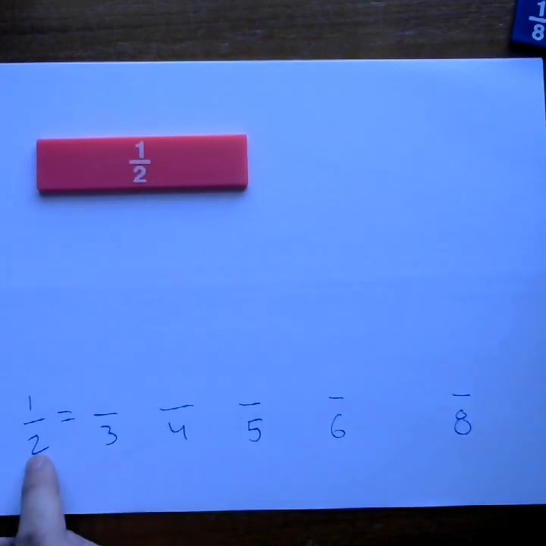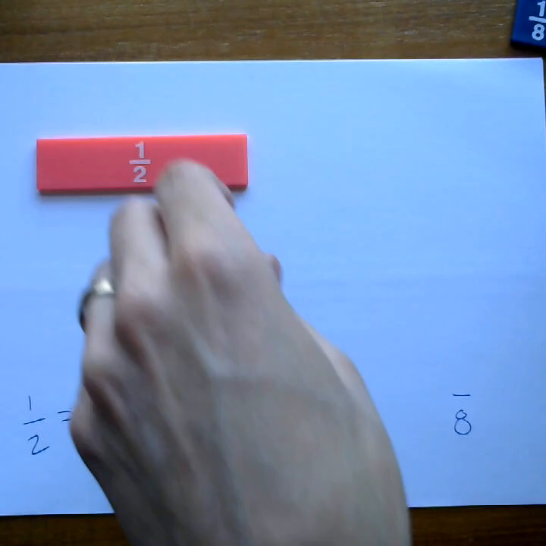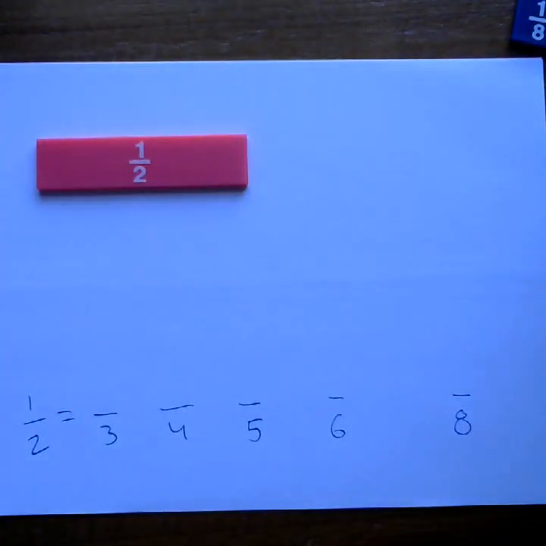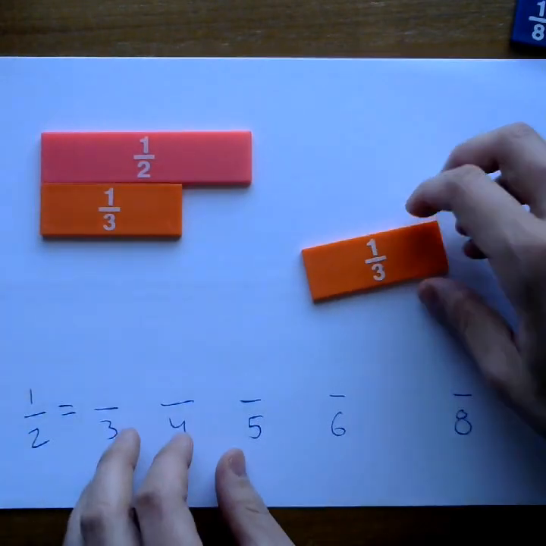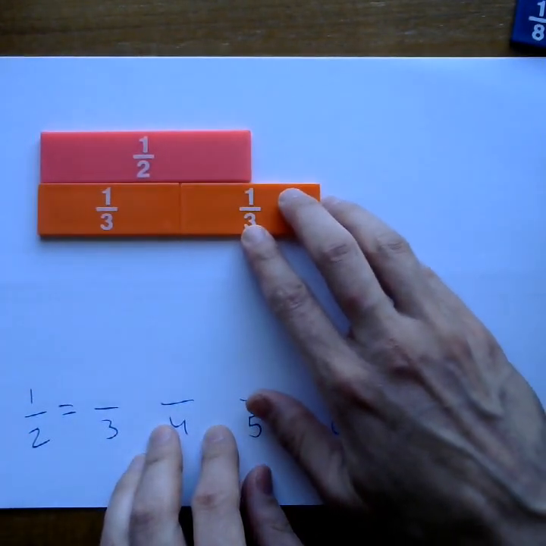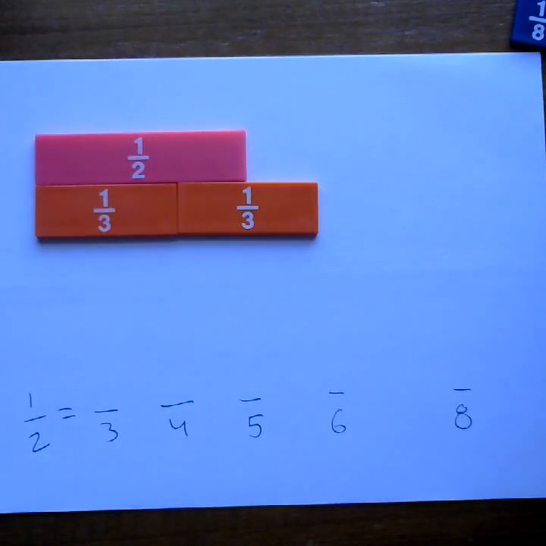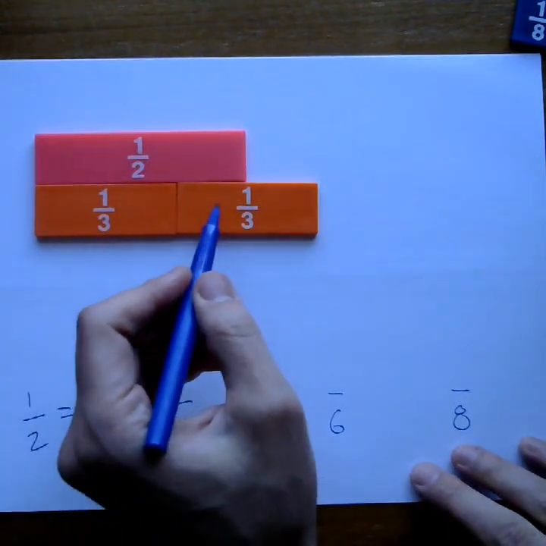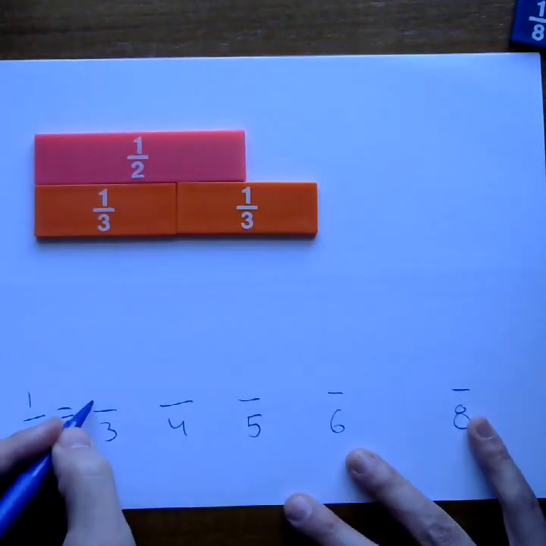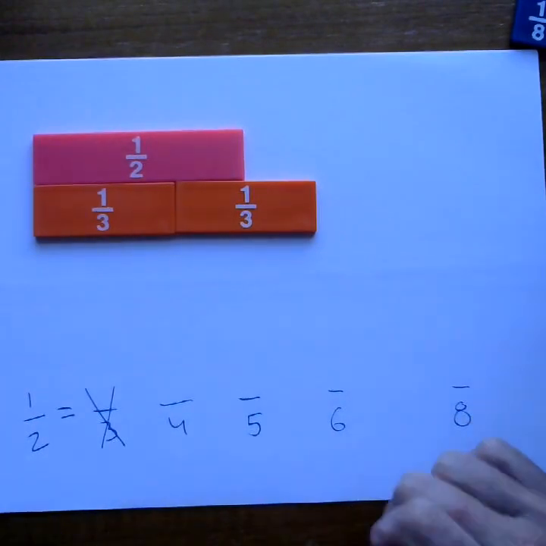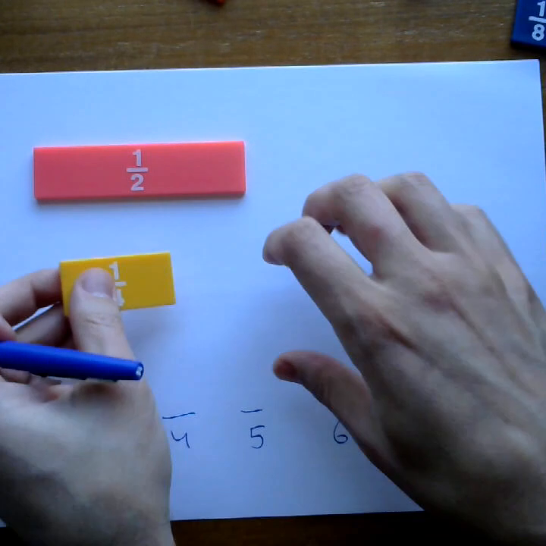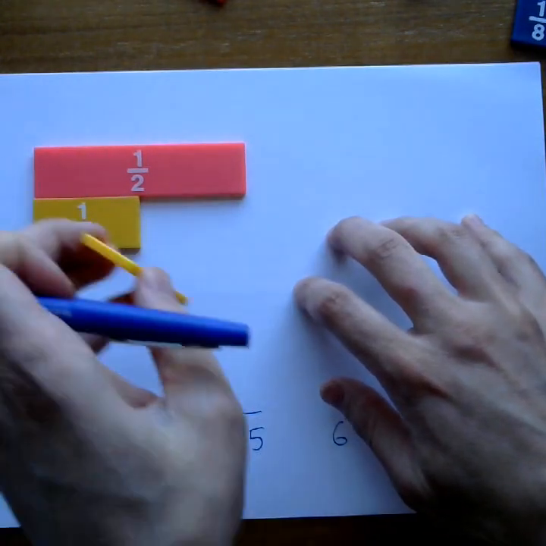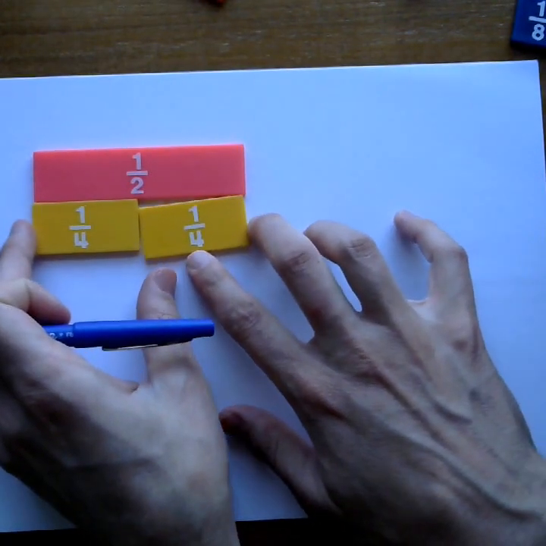All right, so let's try a few of these. How many thirds will equal 1/2? I do have some thirds tiles. There's 1/3, that's a little smaller than a half, and 2/3 is larger than a half, so there is no amount of thirds that will equal 1/2. That's not going to work. Okay, what about fourths? 1/4 is smaller than 1/2, and 2/4.